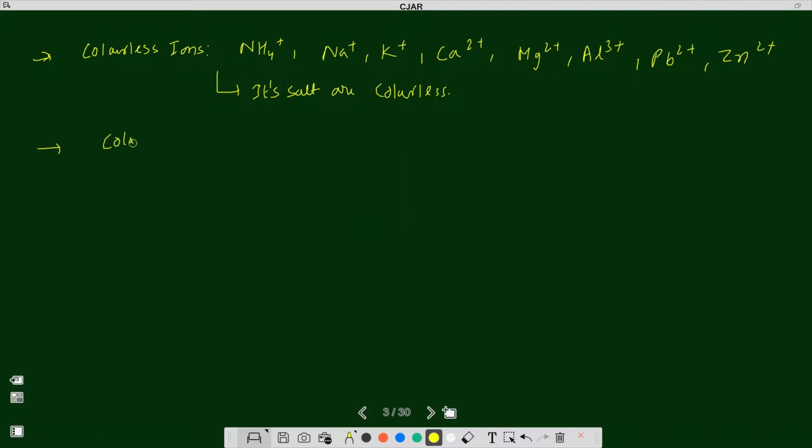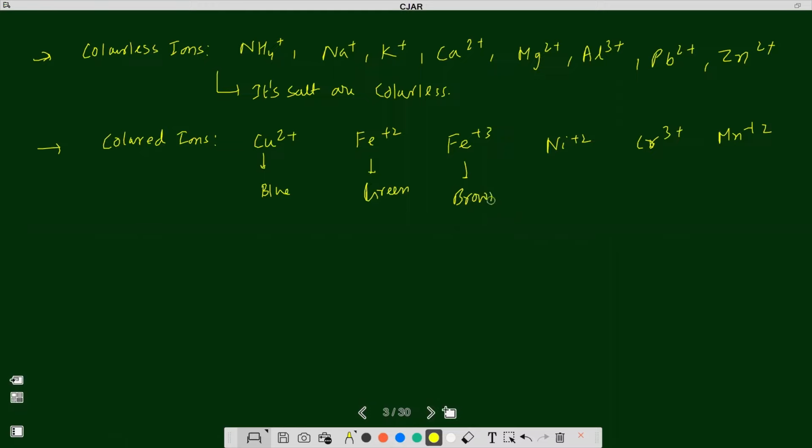Now, for examples of colored ions: copper 2 plus, Fe plus 2, Fe plus 3, Ni plus 2, Cr plus 3, Mn plus 2. Copper plus 2 is blue. Fe plus 2 is green. Fe plus 3 is brown. Ni plus 2 is green. Cr plus 3 is green.